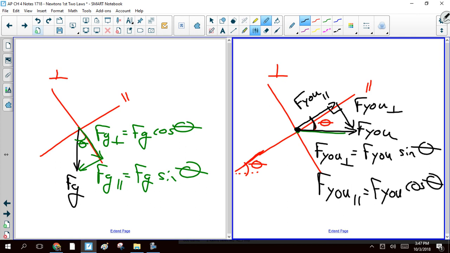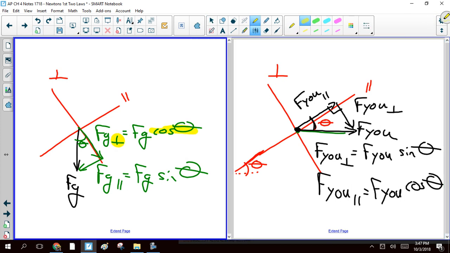Okay? So, my point here is you got to be careful. When you're dealing with an inclined plane, your vertical forces have a perpendicular component that depends on the cosine of theta and a parallel component that depends on the sine of theta. But that's only true for a vertical force, okay?